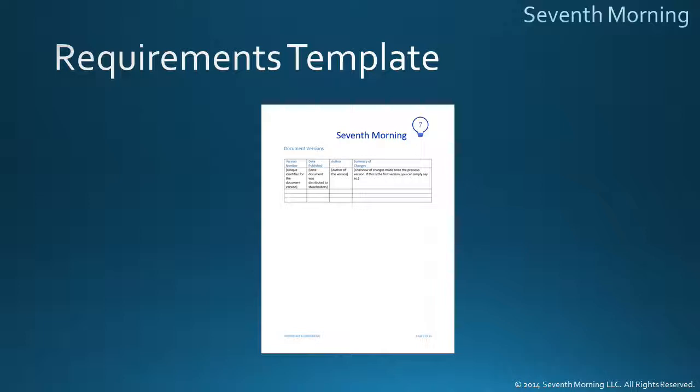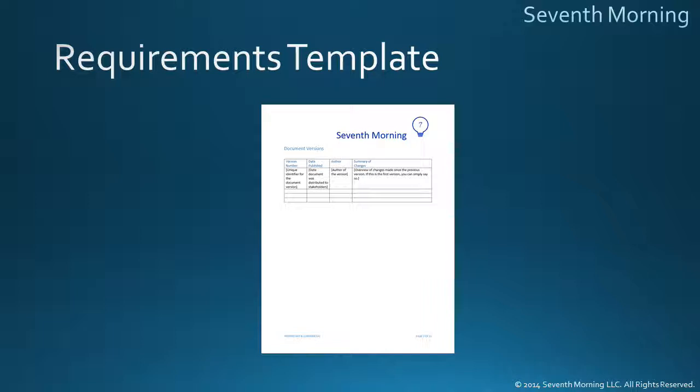Next up is document versions. This page is important and really useful if you manage it right. Essentially, every time you publish a new version of the document to your stakeholders, again, when you publish it, you add a new row into the table. You put in a version number, 1, 2, 3, whatever. The date that you're publishing it, your name as author, and then a summary of whatever changes you've made in the document since your last version.